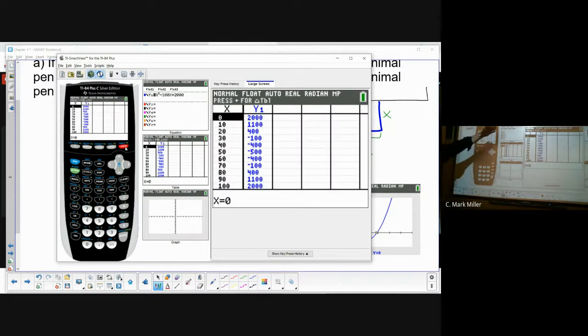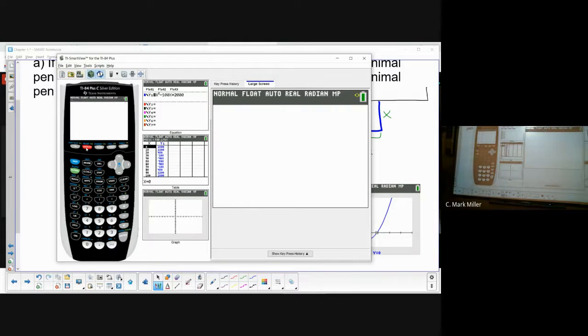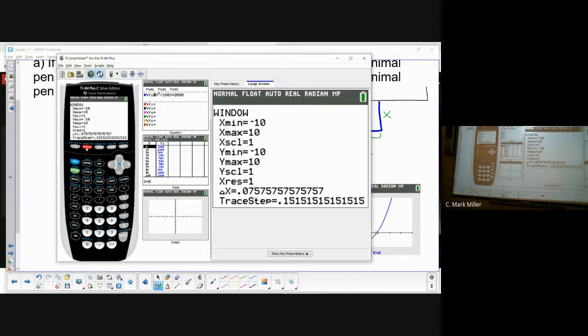So now this gives me an idea what my x and y minimum and maximum should be for my screen, right? So I'm going to go back to my window and say, okay, x min. I know x max is going to be like 100 and something, right? So x min, say, I don't know, minus 20. X max, 120. You can always change these.